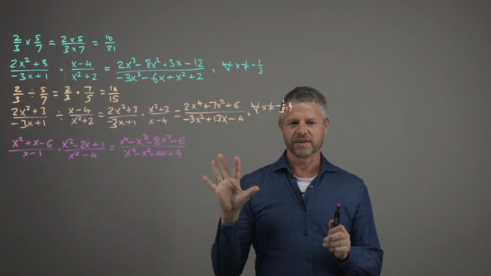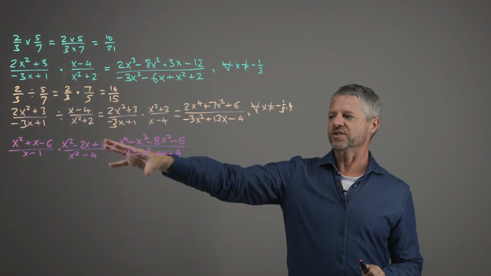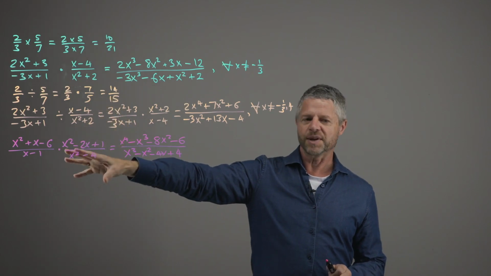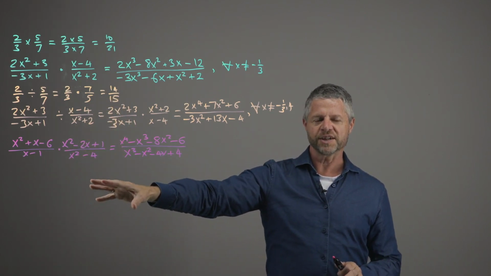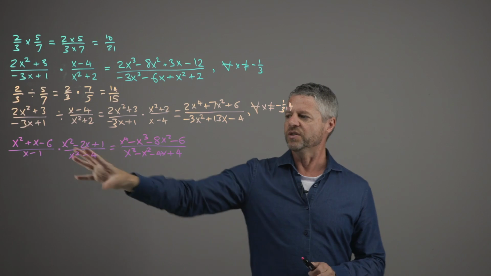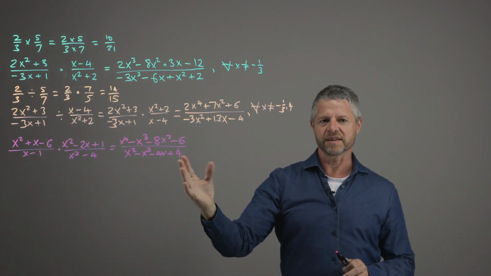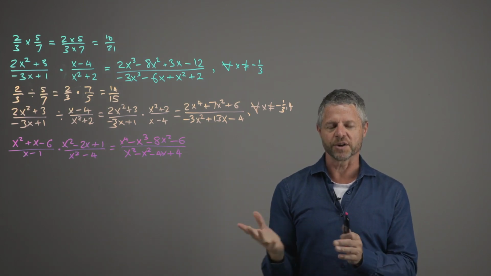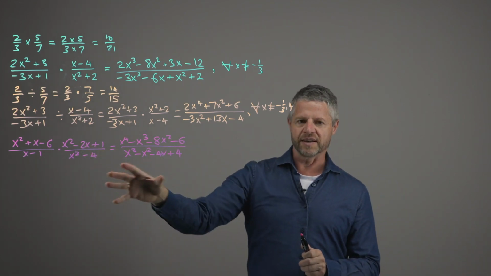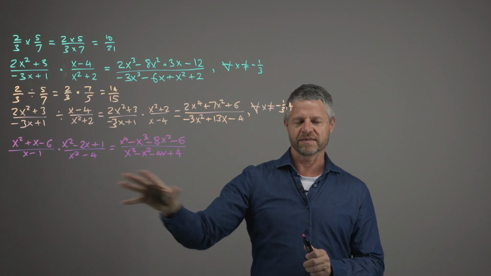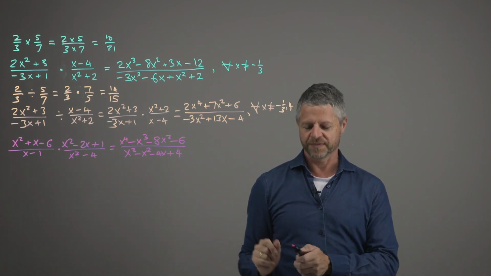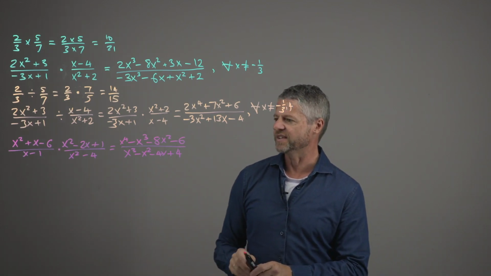So in this case, when you're trying to multiply rational expressions or divide them, if you can do any factoring before you start multiplying the rational expressions, the polynomials, you can end up simplifying the final expression you end up with. So let's see if we can do that in this case.